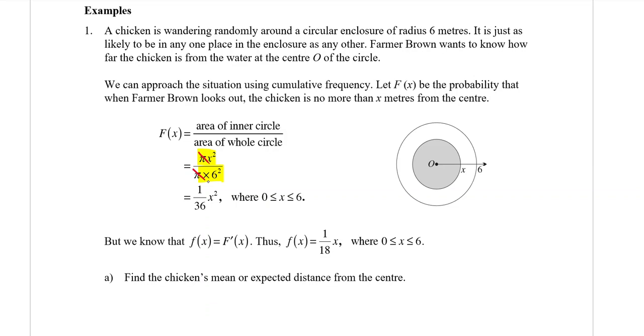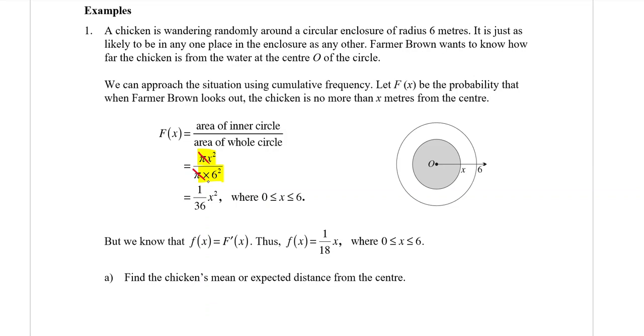But we know that little f of x is the derivative of the cumulative function. Thus, the little f of x would be equal to, and it's already differentiated it for us, if you brought the 2 down, it would be 2 over 36, which is 1/18 x. That's all done for us, between 0 and 6.